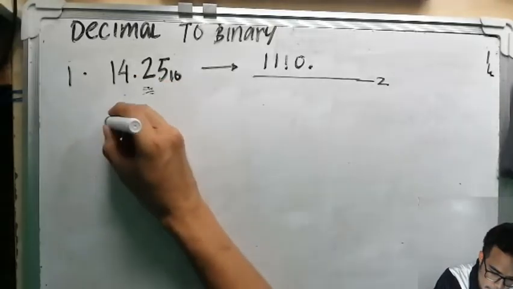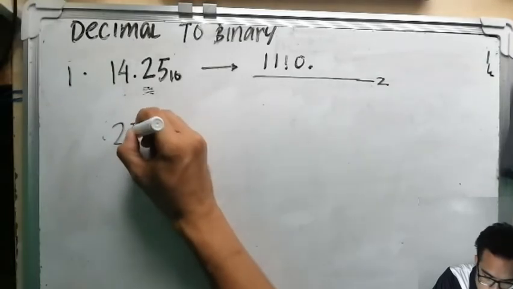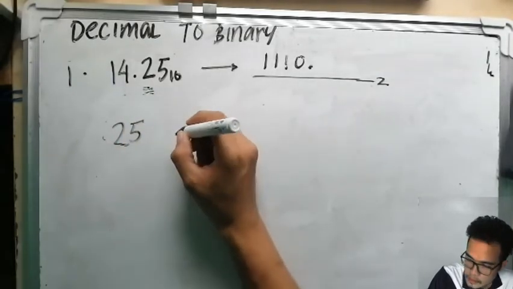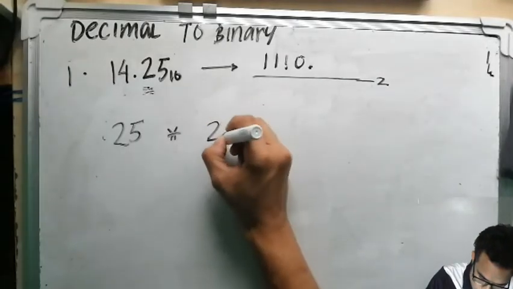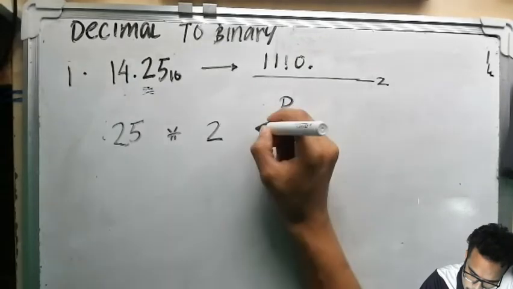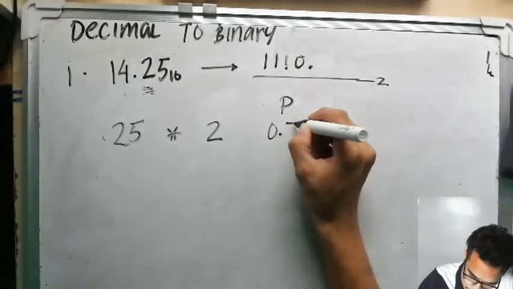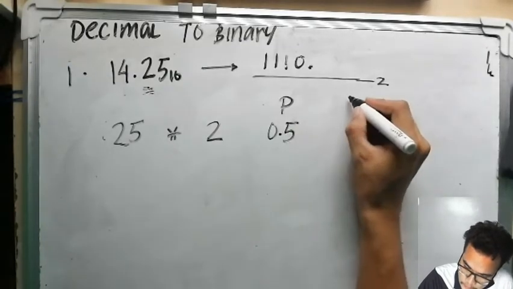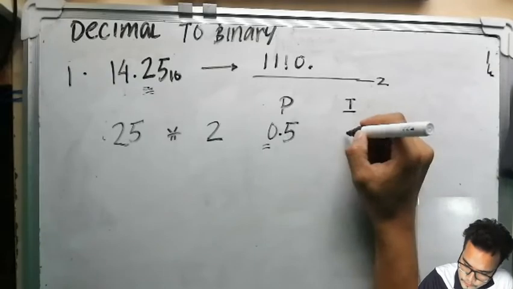So 0.25 times 2, the product is equal to 0.5. Then the integral part is 0.